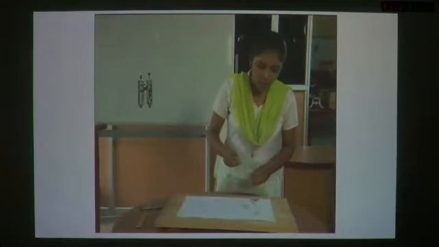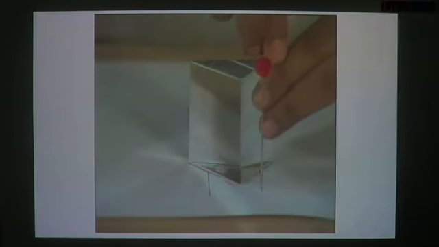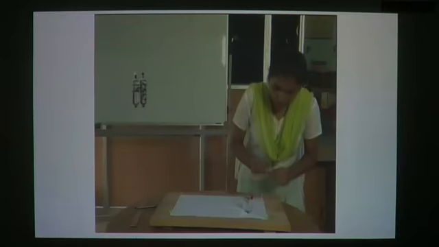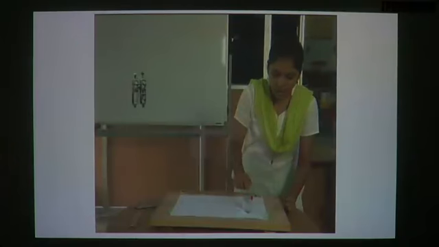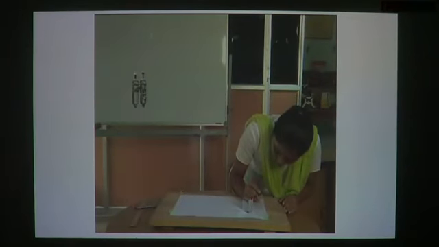Fix 2 hairpins on one of the 2 parallel lines. Fix another 2 pins such that the image of the previous 2 pins and these 2 pins appear to lie on the same line.